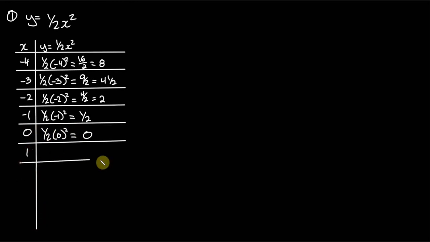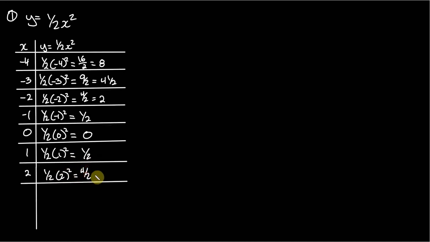Now we have x equals 1, so we have 1/2 times 1 squared, which is going to give us 1/2. X equals 2, it's 1/2 times 2 squared. 2 times 2 is 4, times 1/2 is 4 over 2, which is going to be 2. And already one might begin to notice a parabolic pattern in terms of the corresponding y values, where when x equals -2, y equals 2.